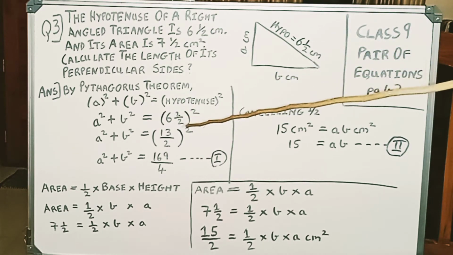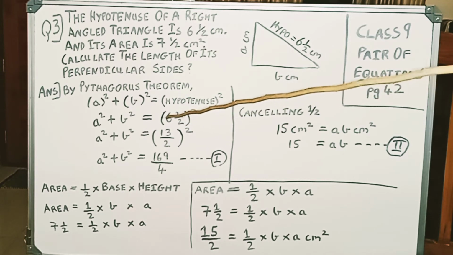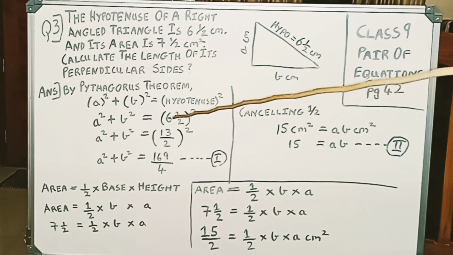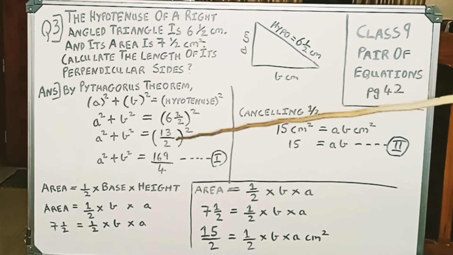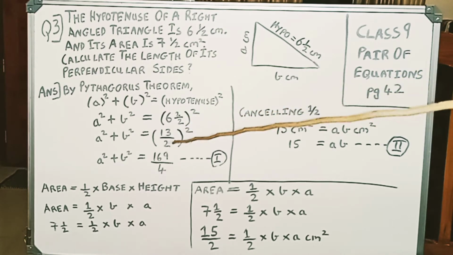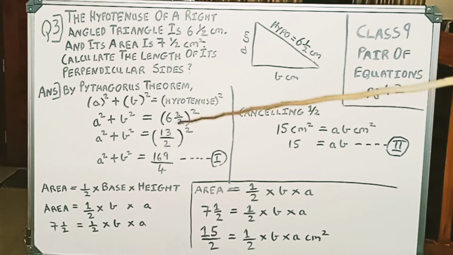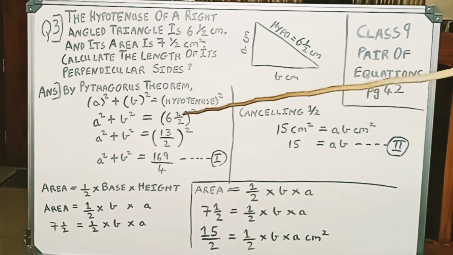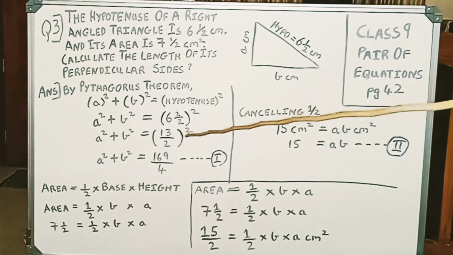6.5 can be written as 6, 6 into 2 you get 12, 12 plus 1 you get 13, so 13 by 2. We had learned in decimal forms how to convert mixed fractions into fractions.